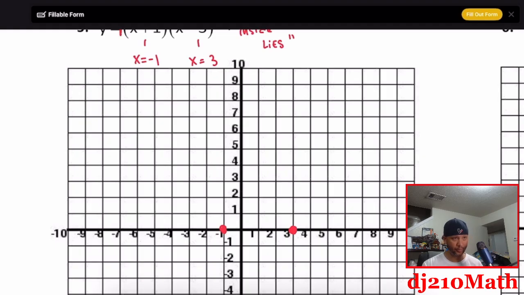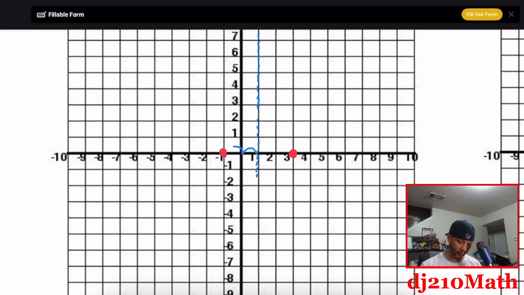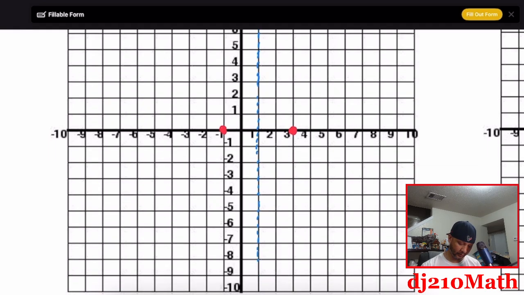Because I have 2 roots, and I know that the axis of symmetry is going to fall exactly in the center of these 2 points. And that is going to be at x equals 1. There's 2 units on each side. So there it is. Axis of symmetry is x equals 1, just from looking at it.